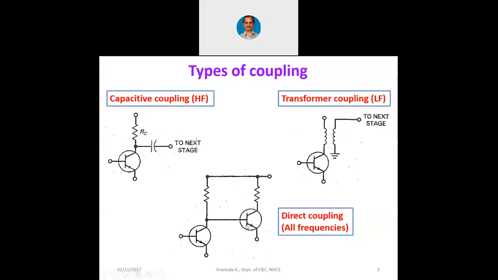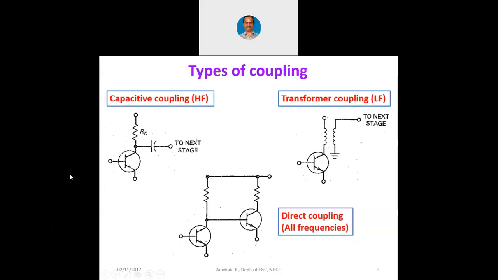That way the design of an operational amplifier or a direct coupled amplifier is more critical or more difficult when compared to the normal capacitive coupled or inductive coupled amplifiers. Let me proceed.